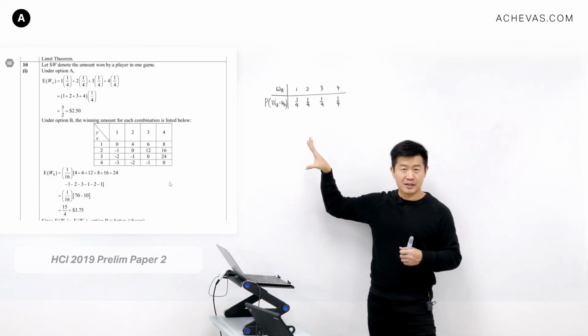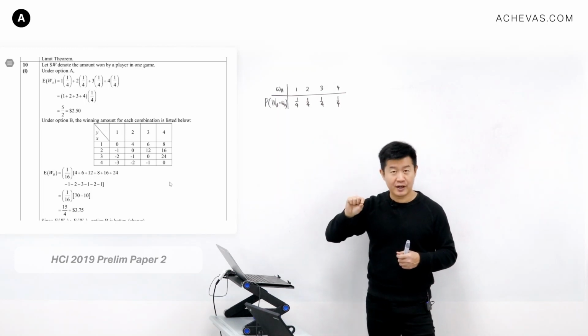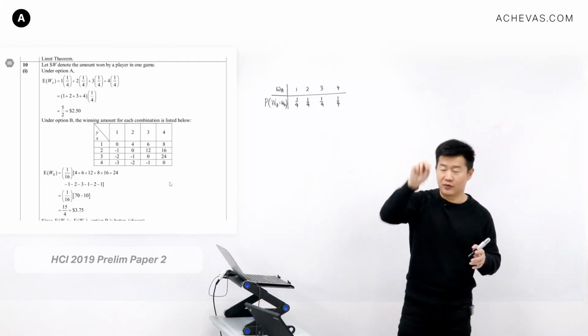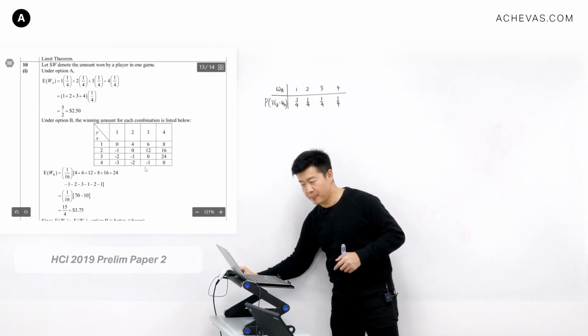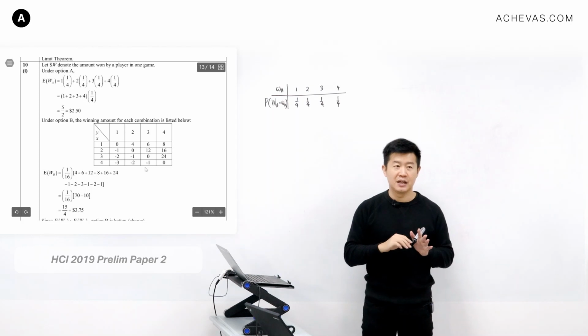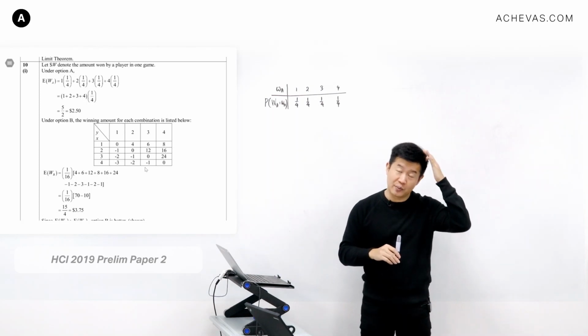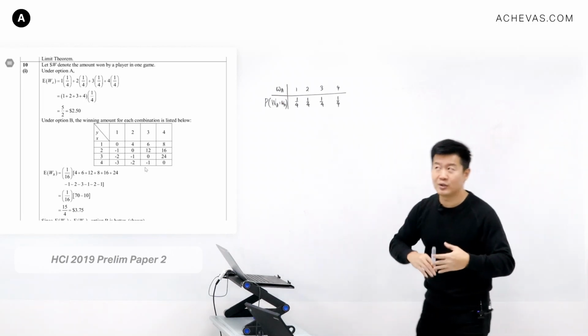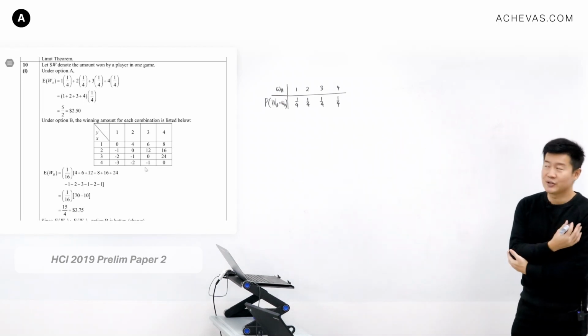Using a grid format is useful provided that, for the situation that is given, the appearance of each individual outcome has the same probability. Then this kind of listing down all the possible outcomes is useful. So please take note of this again, because I don't want you to anyhow use this kind of grid.